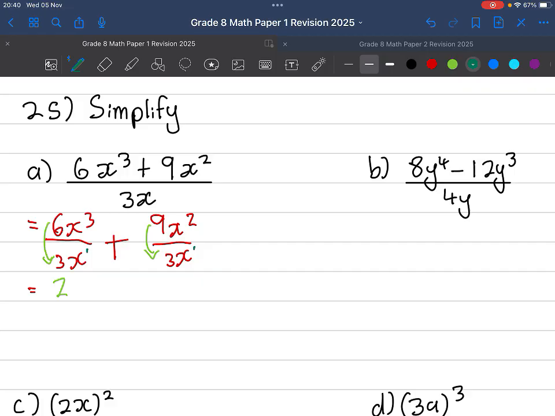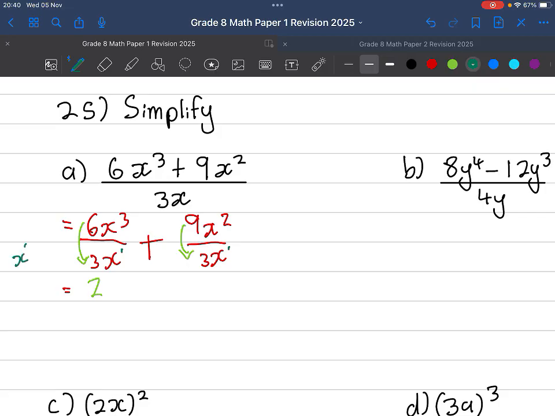So it's x to the power 3 minus 1. So that'll give us x to the power 2 plus 9 divided by 3, which is 3. And x squared divided by x, 2 minus 1, so it's basically going to be x to the power 1.